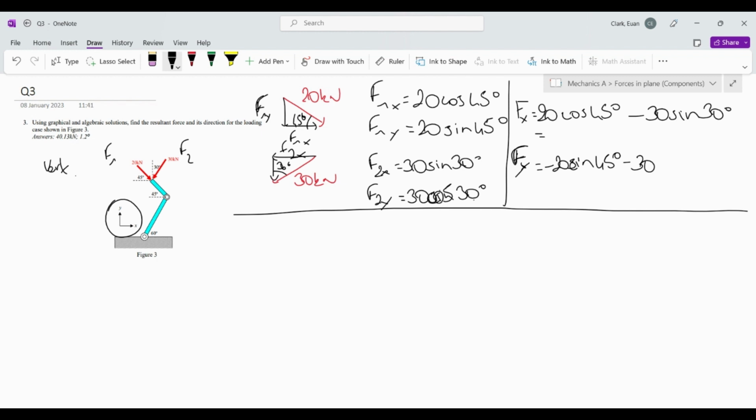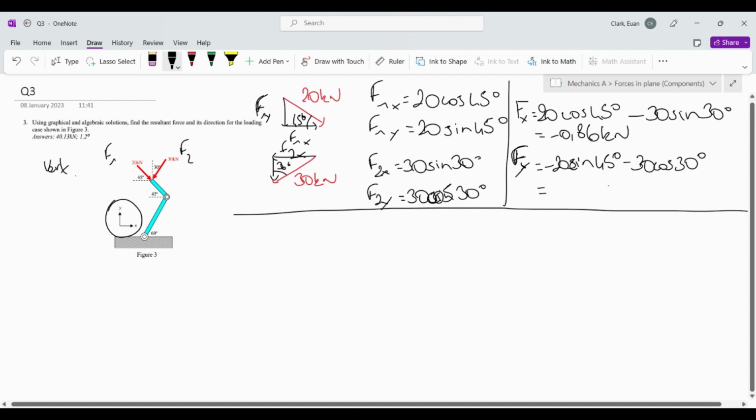Sorry about that. 30 cosine 30 degrees. And this will give us another answer. So Fx is equal to minus 0.86 kilonewton, and Fy is equal to minus 40.12 kilonewton.